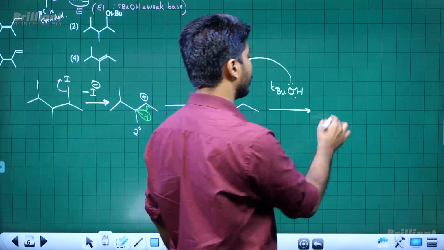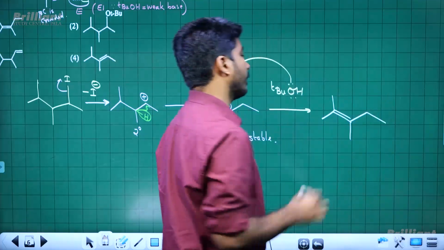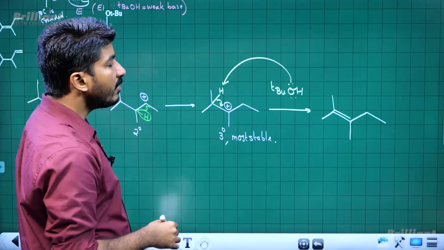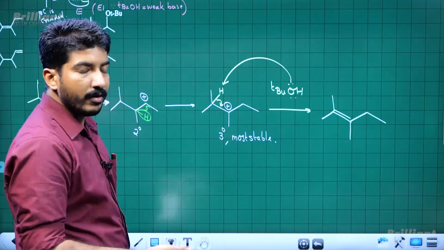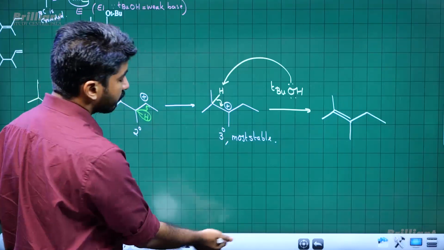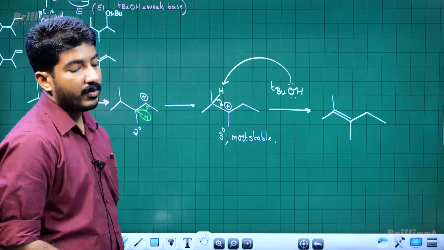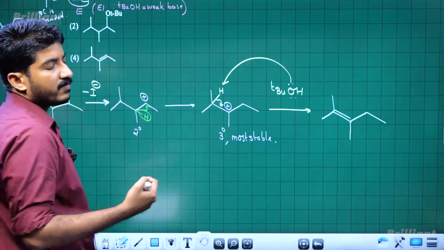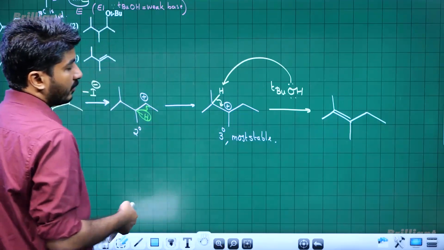and we will get a product like this. Remember, generally in E1 reactions, we are getting nearly always Saytzeff product as the major product. In E2 reactions, if we use bulky bases, then there is a possibility of this Hofmann product dominance.